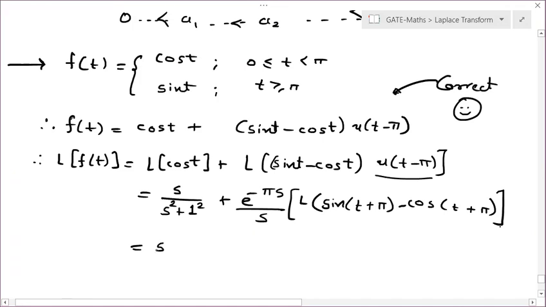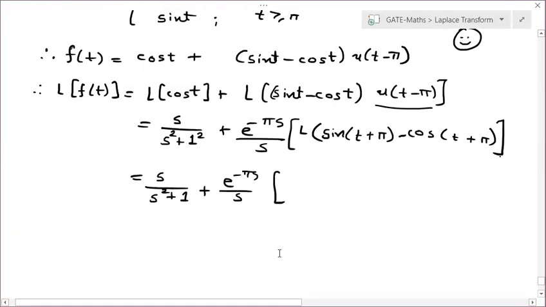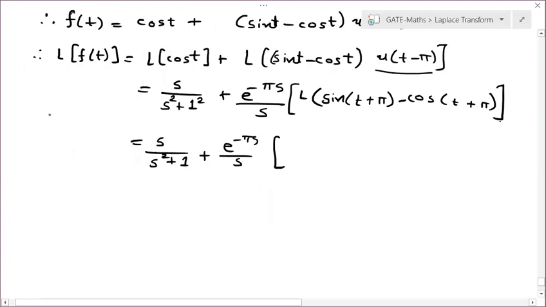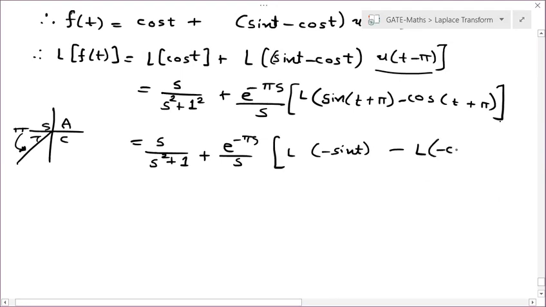So this is equal to s divided by s square plus 1, plus e to the power minus pi s by s. Now sin(pi plus t): pi plus theta is in the third quadrant, everybody remember this. In the third quadrant sine is negative, so Laplace of minus sin t, and in the same way cos is also negative, so Laplace of minus cos t.